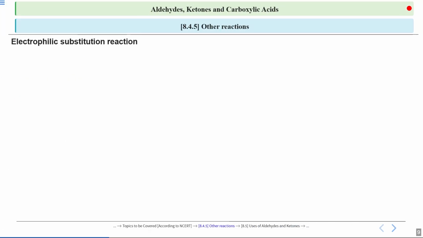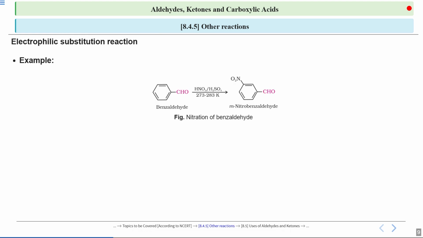So continuing with this, we will see an example. Here you see the reaction of nitration of benzaldehyde. This is a specific example of an electrophilic substitution reaction where a nitro group is introduced into the benzaldehyde molecule, giving meta-nitrobenzaldehyde.